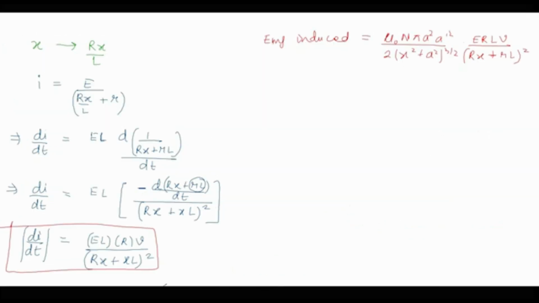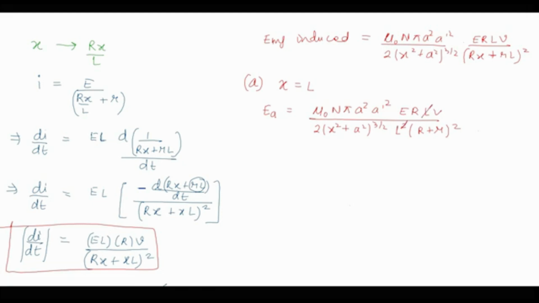For the A part, the value will be when x is equal to L. If we put x equal to L in this expression, we will obtain the EMF induced in the A part, which we call E A. It will become mu naught n pi a square a dash square E R L v upon twice of x square plus a square to the power 3 by 2. And if we put L, we can take L square common, R plus r whole square, and we can remove this L from here.